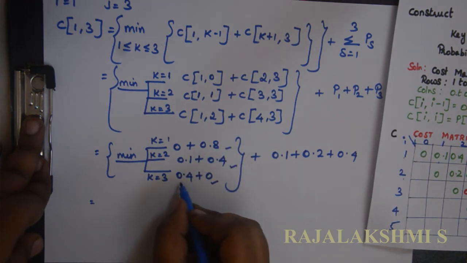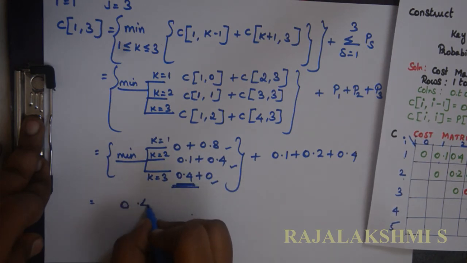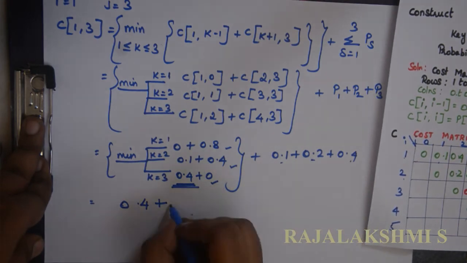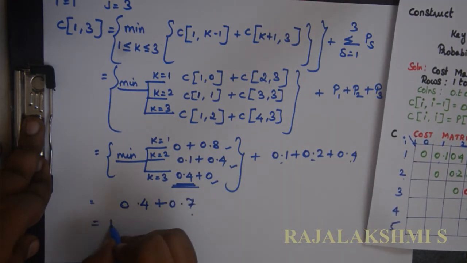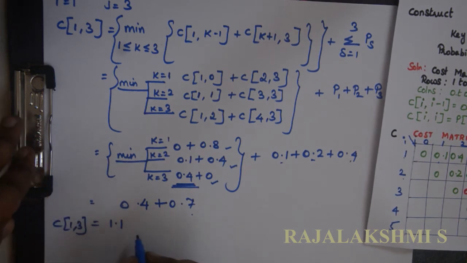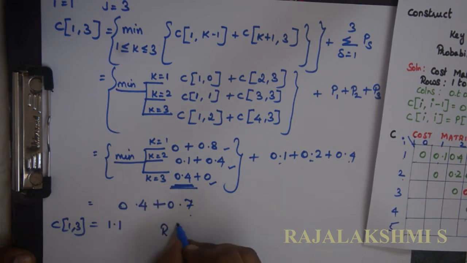So at what value this is minimum? 0.4 is minimum, right? So we will be having it as 0.4 plus 0.4, 0.6 and 0.7. So it is 1.1. So C of 1 comma 3 is equal to 1.1. Now at what value of K this is minimum?